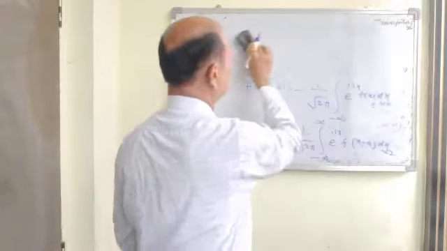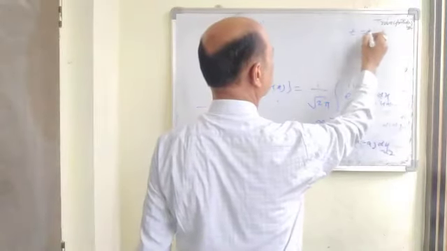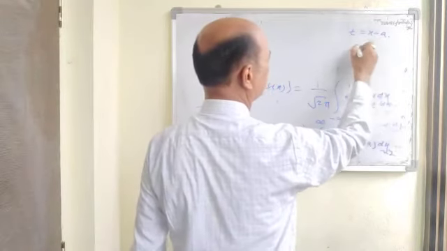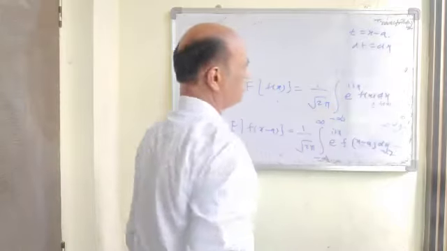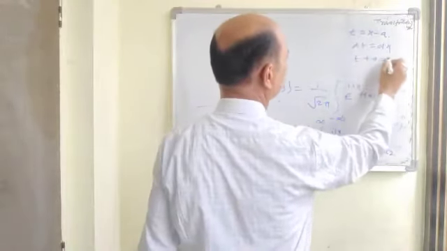And now if we make some substitution for x minus a, suppose t is equal to x minus a, that is dt is equal to dx, and x will be t plus a.